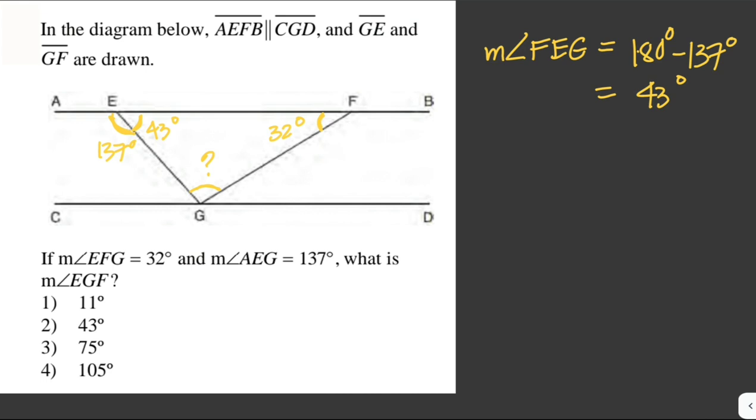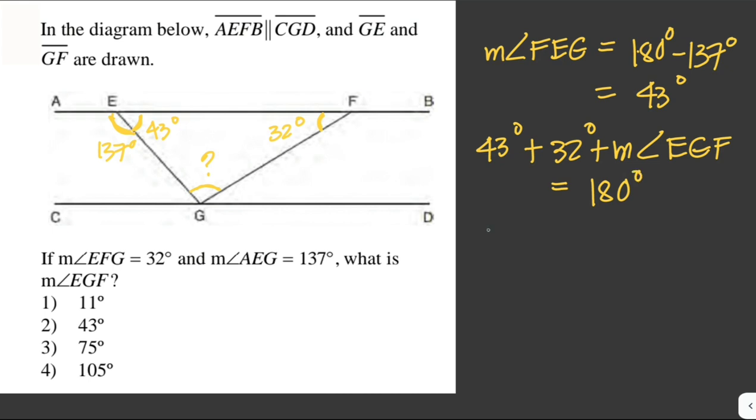And now we already have two angles in a triangle, and the total measure of the angles in a triangle is equal to 180 degrees. So we can just add them up and equate to 180 degrees. So that would be 43 degrees plus 32 degrees plus the measure of angle EGF equals 180 degrees.